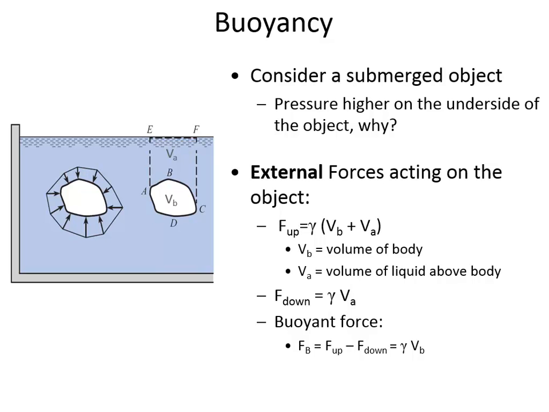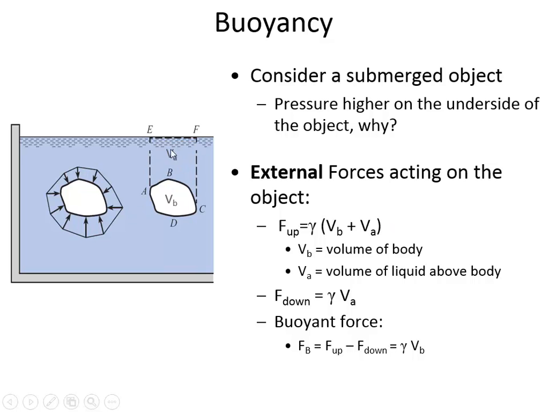So if we consider the relevant forces here, there are forces pushing the object up, and if you integrate all of the forces on the underside of that object, it's equal to the unit weight of the water multiplied by the volume above the object plus the volume of the object.